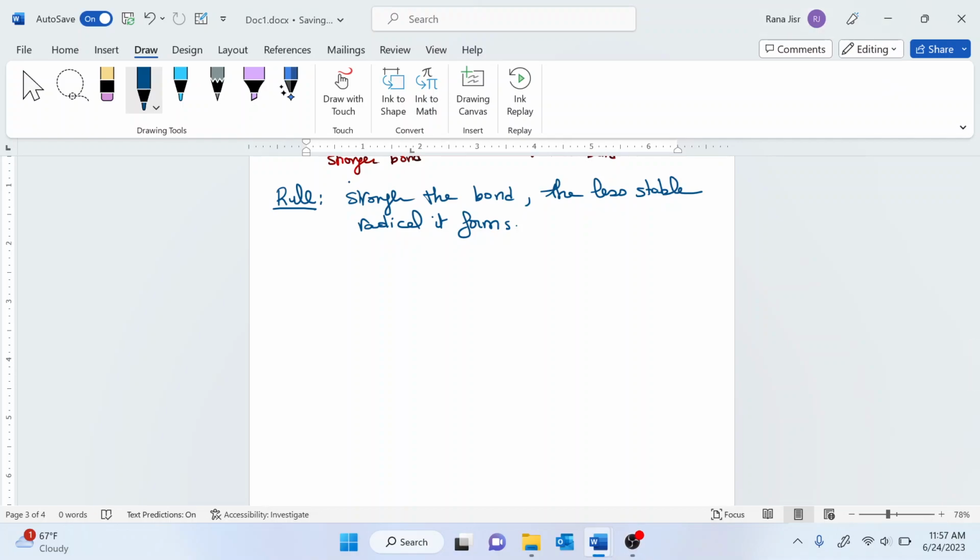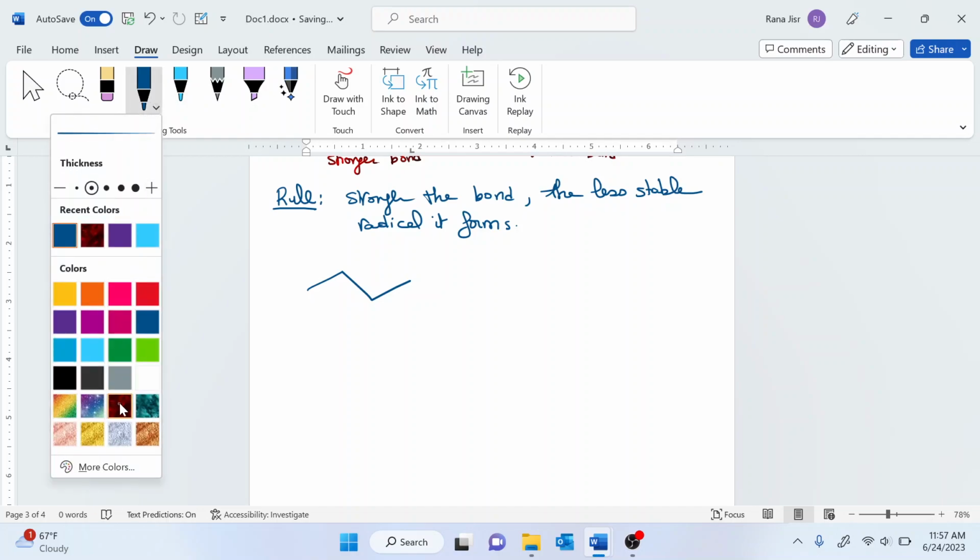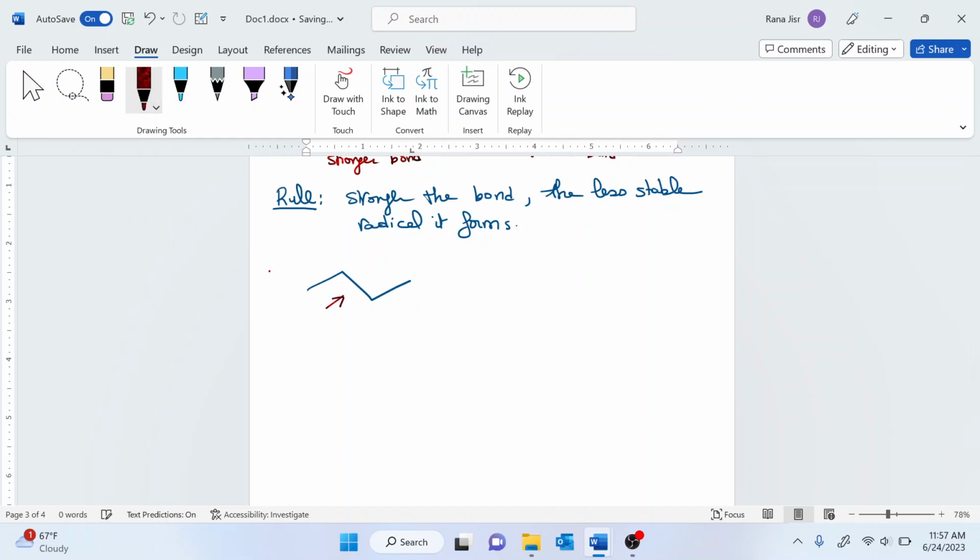If I give you another example over here and you locate the two sigma bonds, and I ask you which of the sigma bonds is going to be a weaker bond, by definition we said that a weaker sigma bond is a bond that generates the most stable free radical.